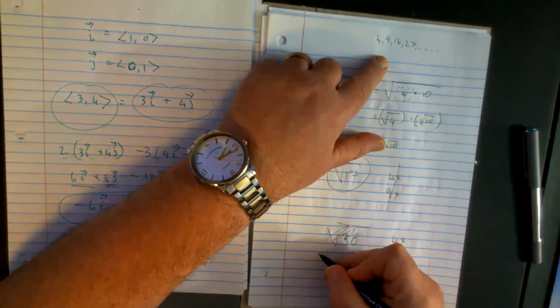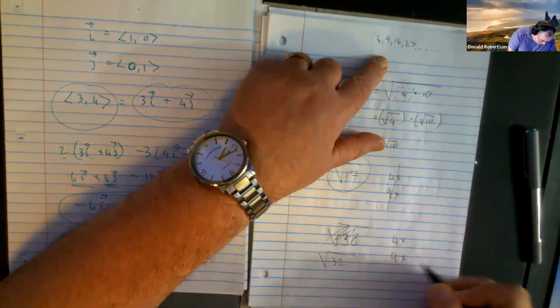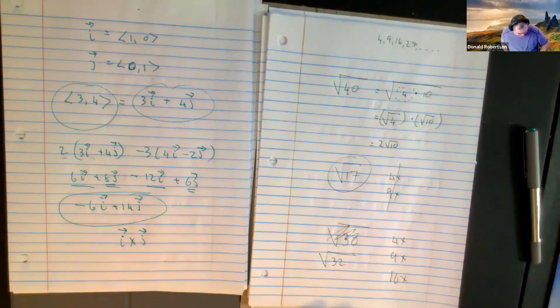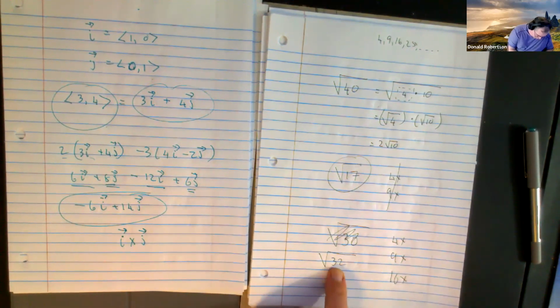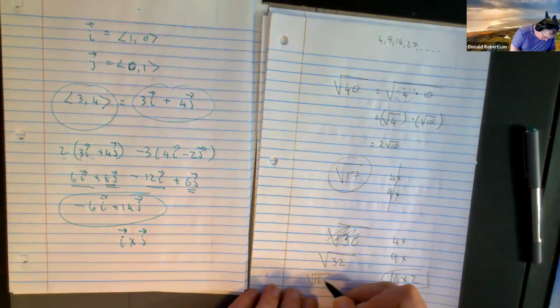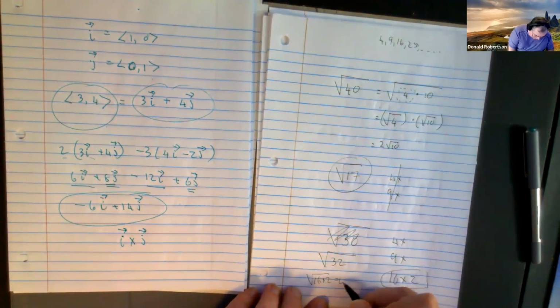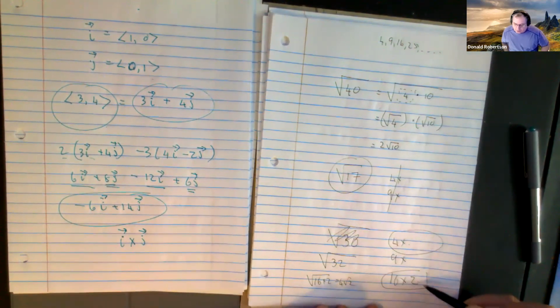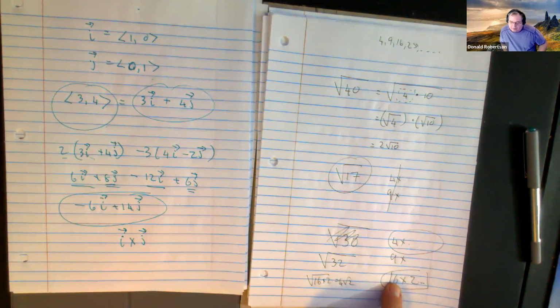Yeah, let's make it 32. So 4 times something, 9 times something, 16 times something. And I would say, hey, wait a minute, 16 times 2. Yeah. Now, could I have done that one with 4? Yeah, but that one wouldn't have been as good as this one. You always pick the biggest square you can get away with. In this case, 16. Okay.